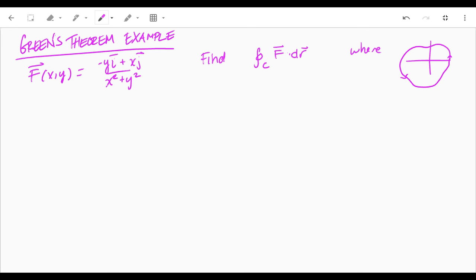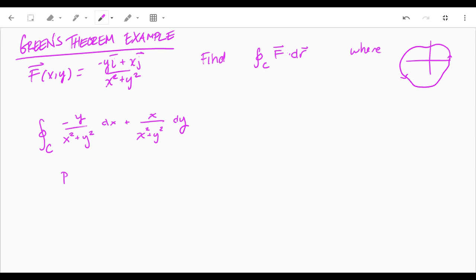Okay, so the problem here is that the partial derivatives are not continuous at the origin. So I'm going to start to write this out. We'd want the integral over C of our x component dx plus our y component dy.